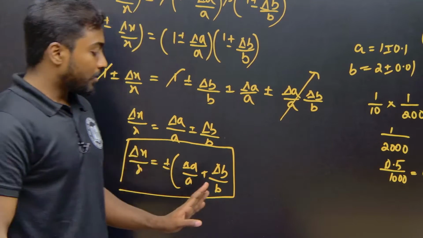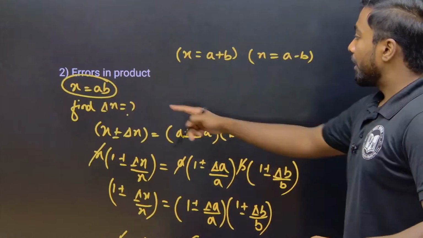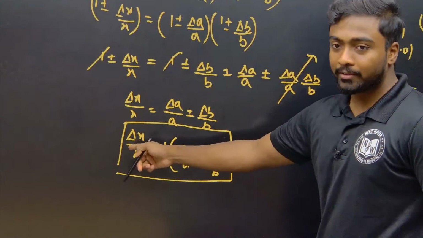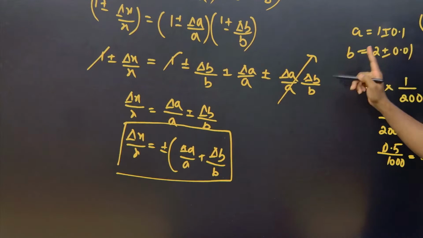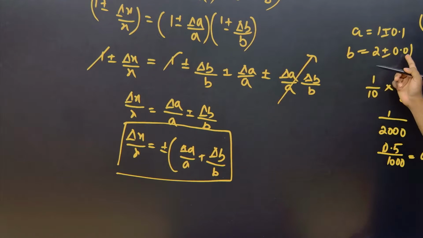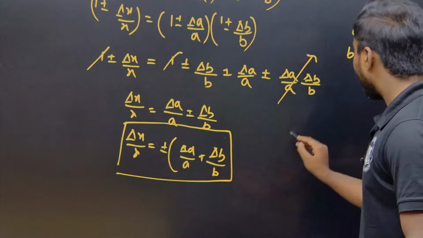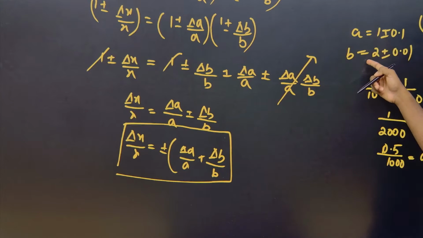Okay. So initially the question will be given like x is equal to ab. I need to find the value of delta x. They have given a as 1 plus or minus 0.1, b as 2 plus or minus 0.01. X I can find easily. X is nothing but a into b, which is 1 into 2.